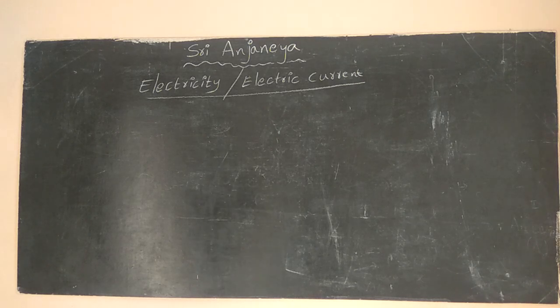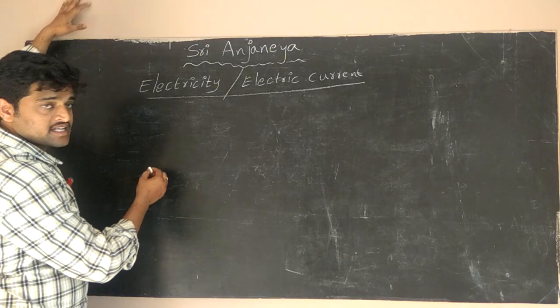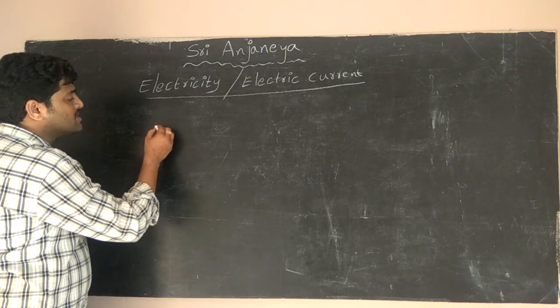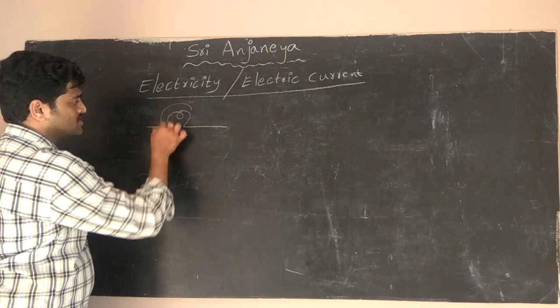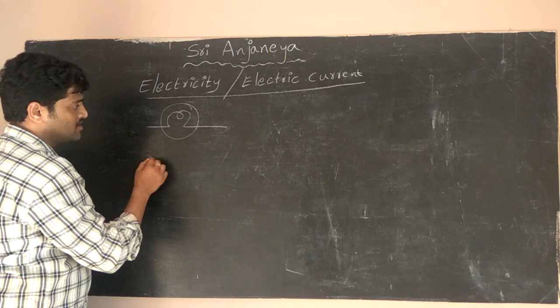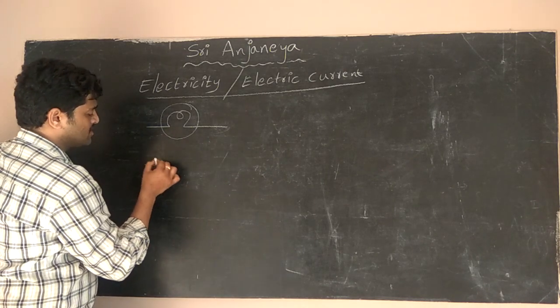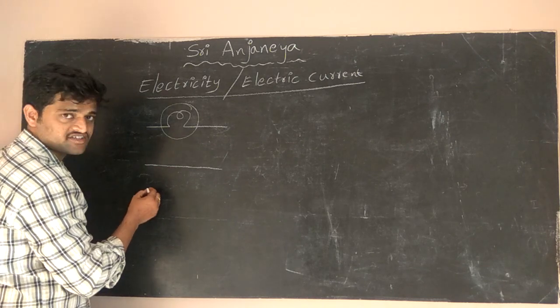Let us continue our discussion by knowing certain symbols in electric current. The symbols are, first one is bulb. This is bulb. The next one, this is the wire. Wire can be represented like this.